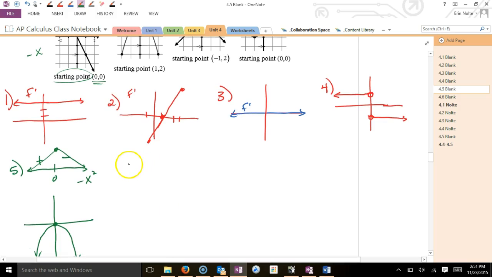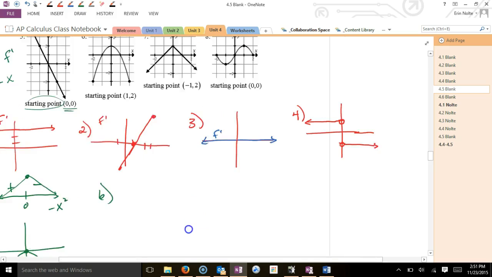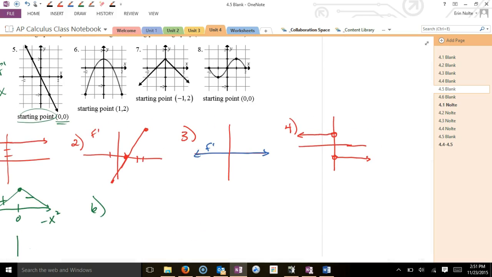Alright, so for number 6. This one is also a negative x squared. It's been moved up 1, so you could even say up 1 to give you a little more to look at. On my number line, I have 2 critical values, 2 places where it crosses the x-axis, one at -1, one at +1.